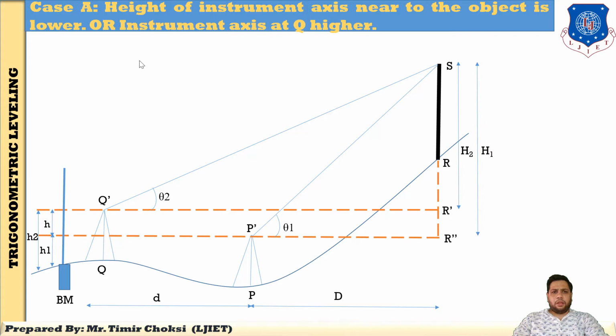You know that in case A, Q is higher and P is lower, because the instrument near to the object is on the lower side.